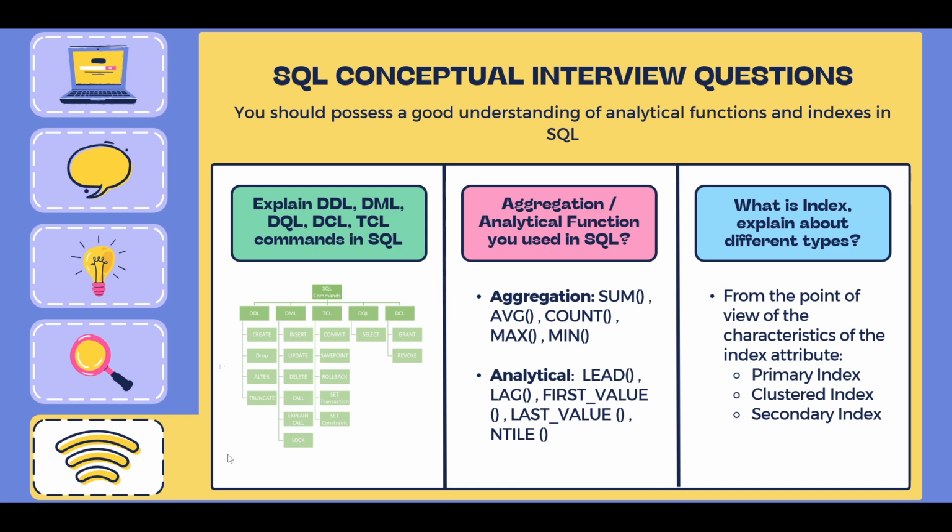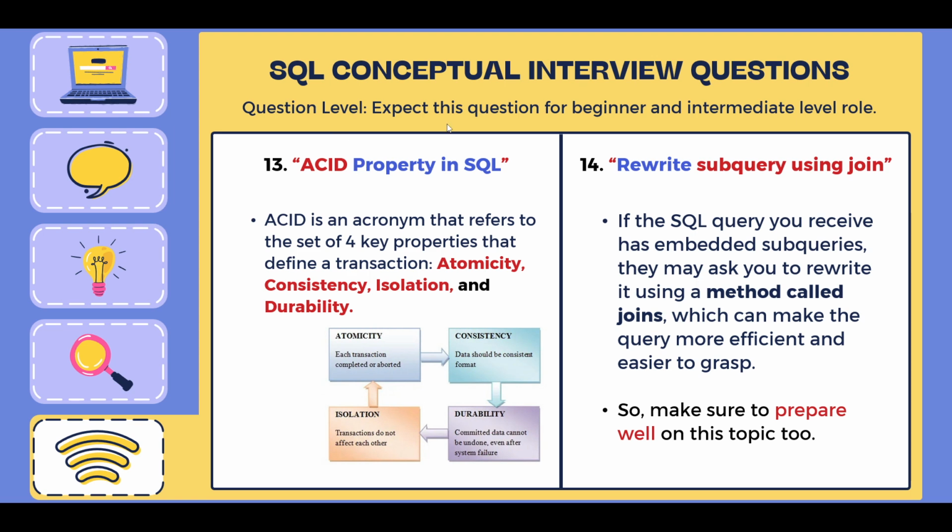These are some basic questions, but if you are appearing for any interview, you may also need to know what DDL, DML, DQL, and DCL commands are, and what the analytical functions we use in SQL are, like lead, lag, first value, last value. Also, the index. Now we have the ACID properties in SQL.